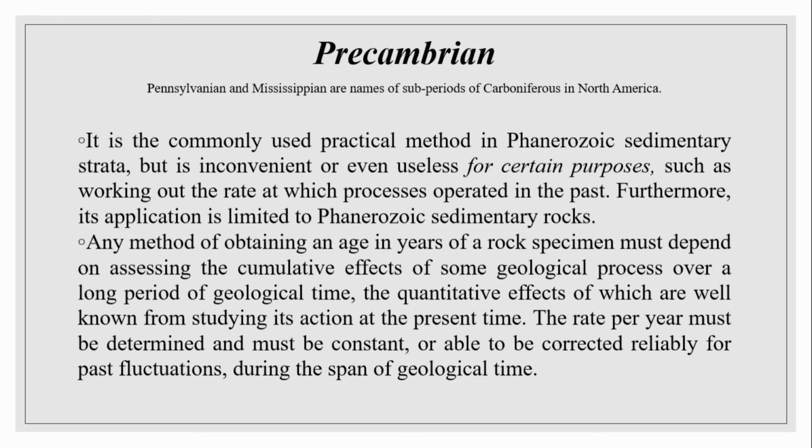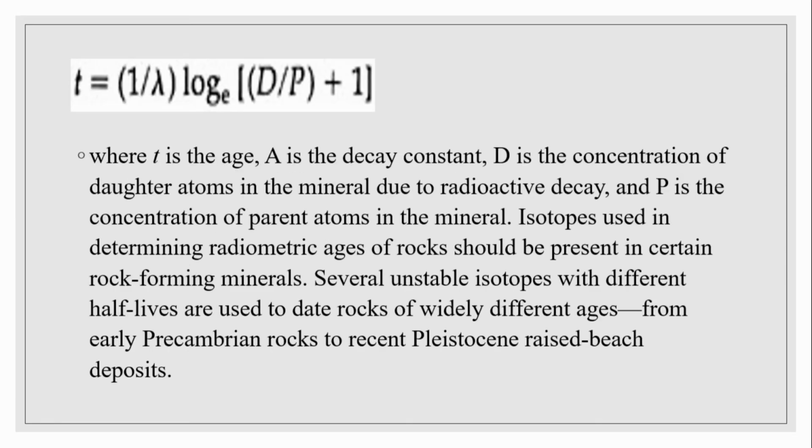The rate of decay of an unstable isotope is expressed by a half-life. This is the time taken for half of the original parent isotope to disintegrate and produce energy and daughter products.